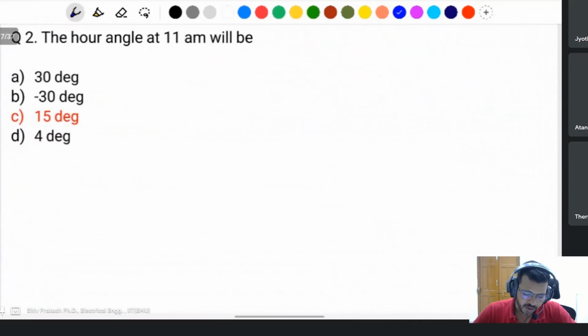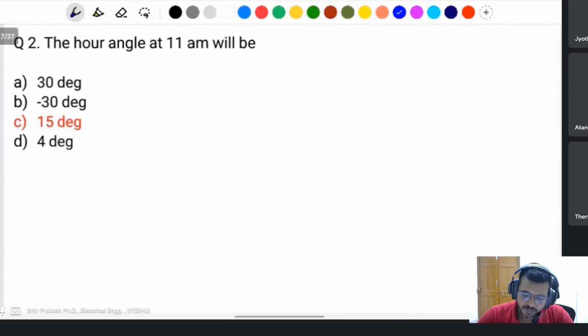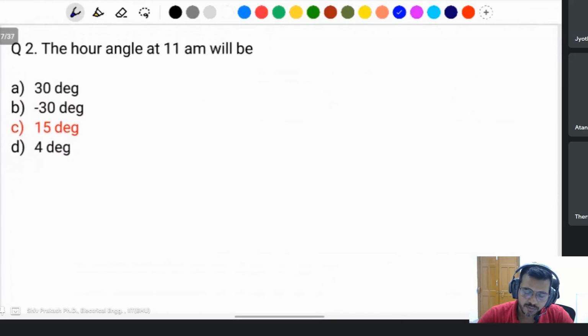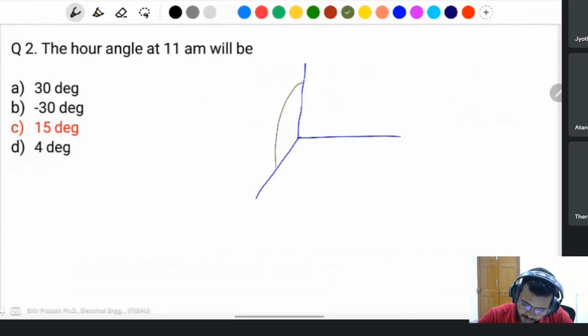The second question is related to the hour angle at 11 a.m. Hour angle is basically this angle of the insolation line with the horizon plane.